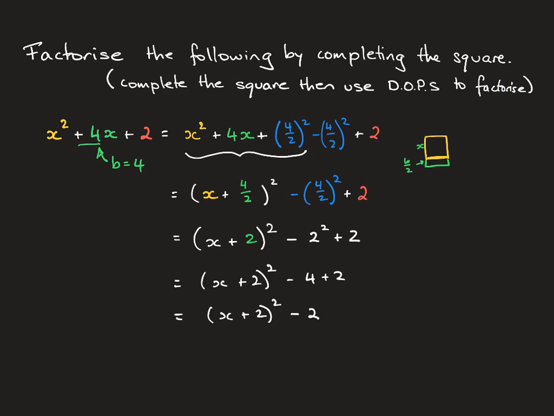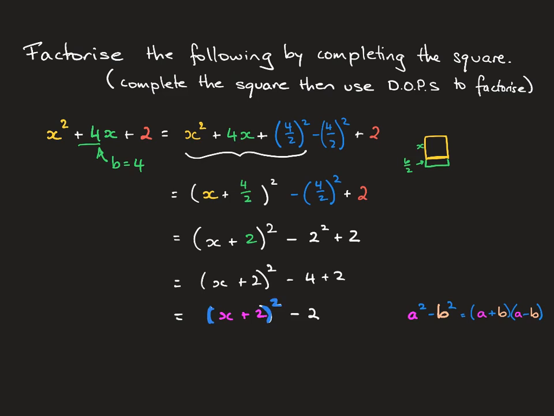Now you'll notice at the top that I said we're going to complete the square, and then we're going to use difference of perfect squares to factorize. So now we've got something squared minus something else. To use difference of perfect squares, you need to have a squared minus b squared. So our second thing needs to be squared. So we've got our first thing, which is this whole bracket squared. That's our first thing.